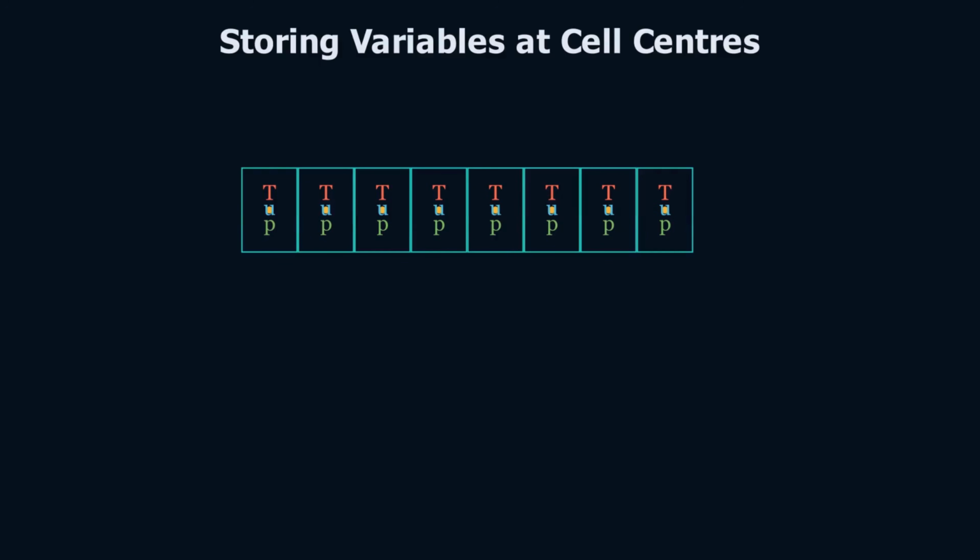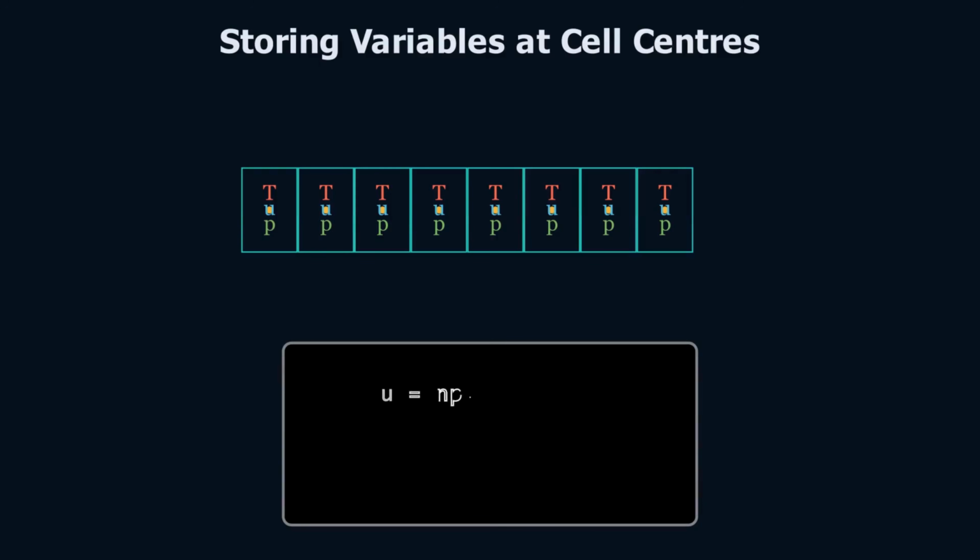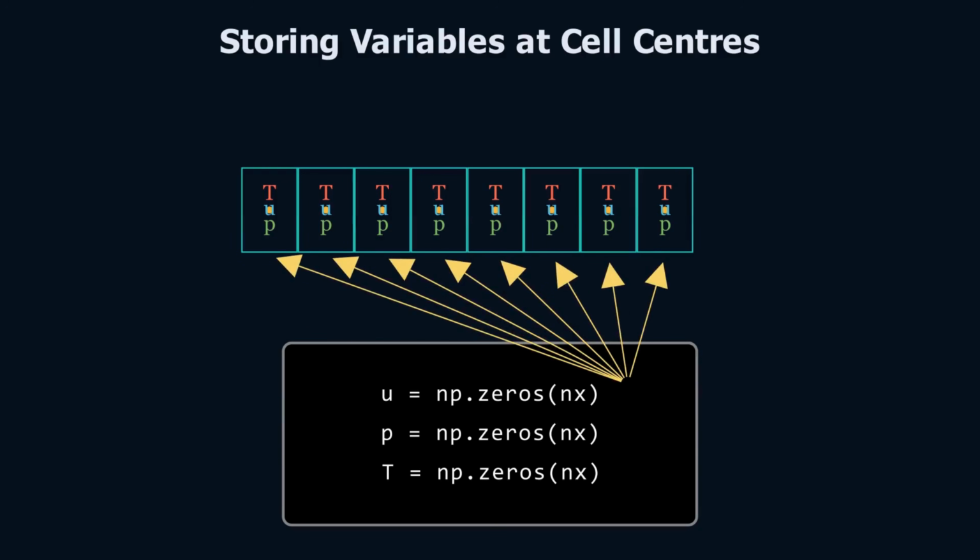Depending on the problem, we may also store temperature or other physical quantities. In Python, these variables are stored as arrays. Each element of the array corresponds to one computational cell. In other words, one array value stores the solution for exactly one computational cell.